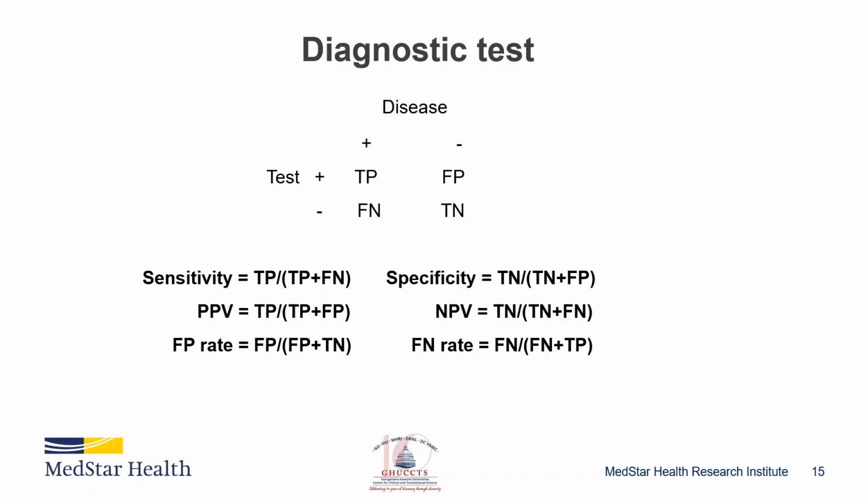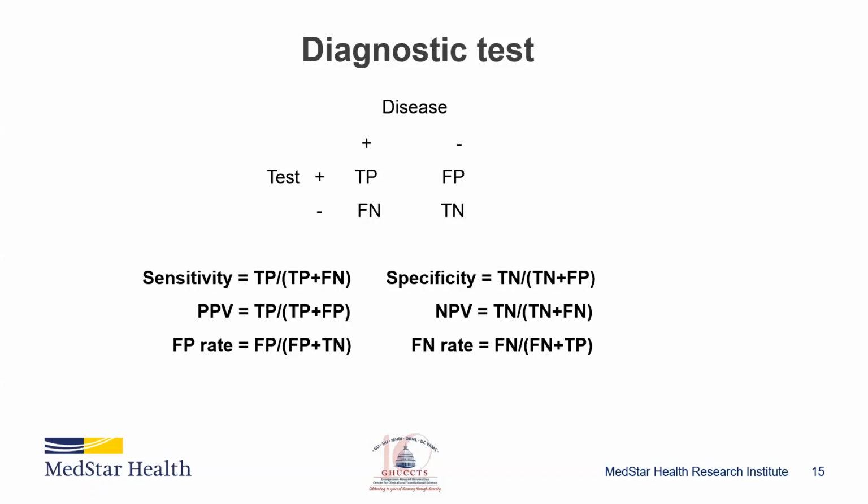A positive predictive value is the number of patients who have a positive test and actually have the disease, divided by all patients who have a positive test.